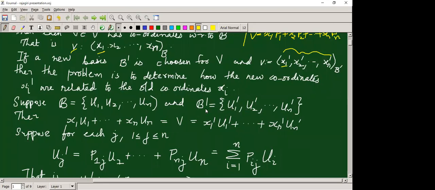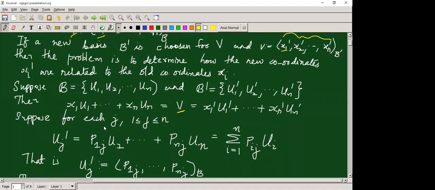Then since these are coordinates of the same vector v, v can be represented using B as x1 u1 plus etc. plus xn un, and using B dash as x1 dash u1 dash plus etc. plus xn dash un dash. Suppose for each j, 1 less than or equal to j less than or equal to n, you take uj dash.